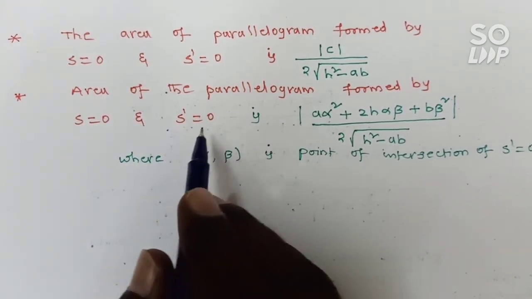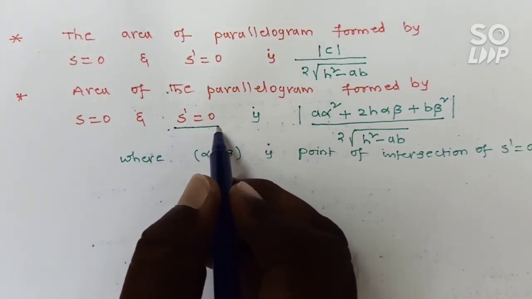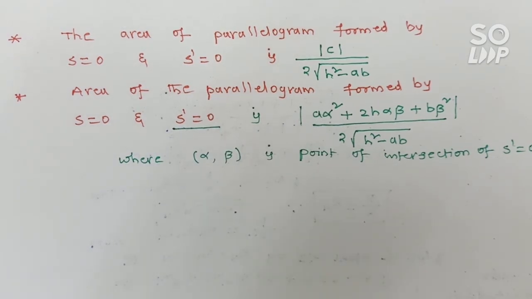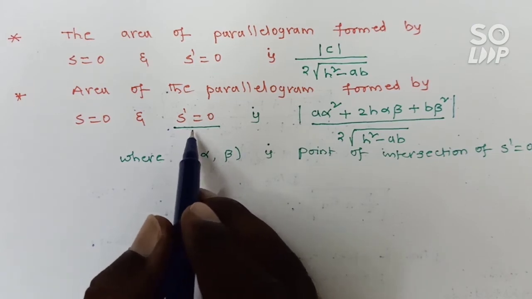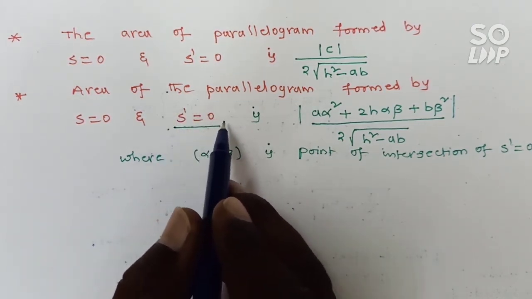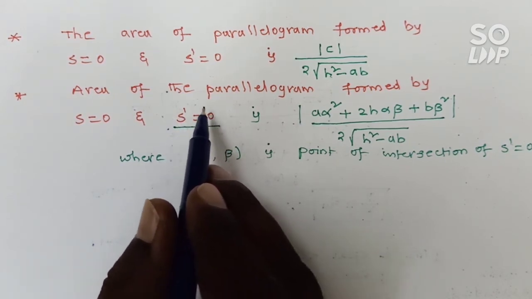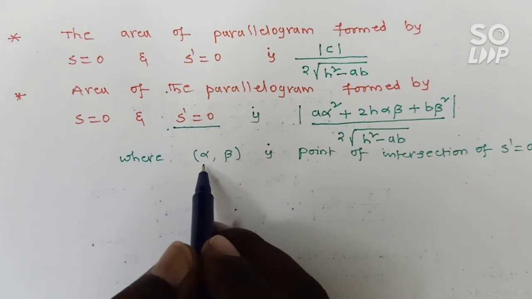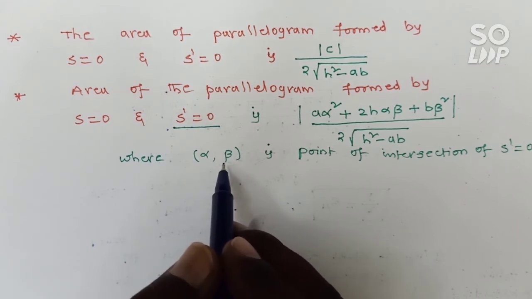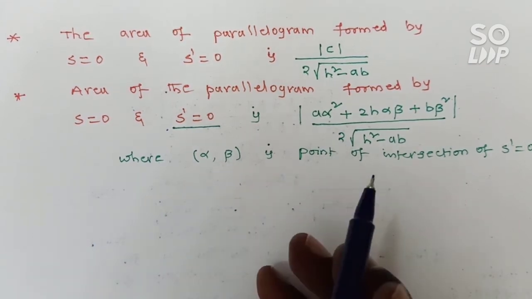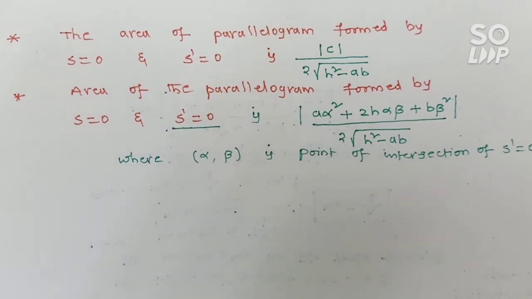Here S dash represents the second degree non-homogeneous equation. That equation will represent the pair of lines which does not pass through the origin. The point of intersection of those lines is alpha comma beta. So this is the other expression. Right, next one.